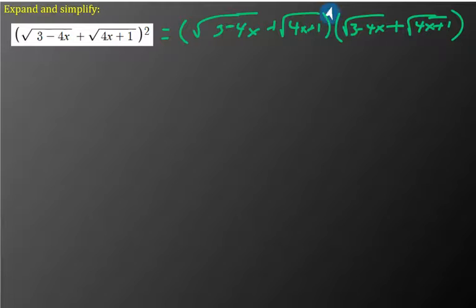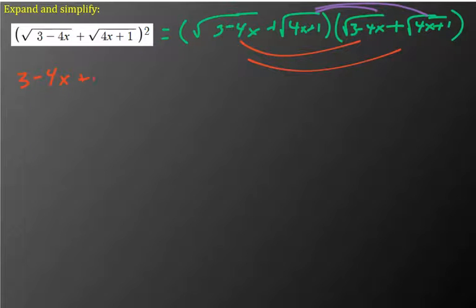And some of it's pretty nice, because I'm literally just double distributing. I'll try and keep these things color-coded as I go here. When I distribute this first one, I'm going to multiply it by itself right here. And when you square a square root, we know we cancel that thing off. So I get 3 minus 4x from the first distribution.